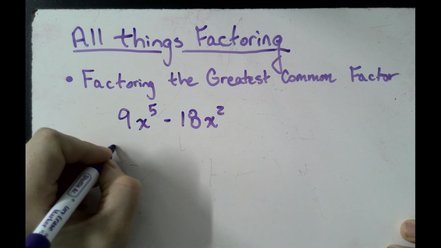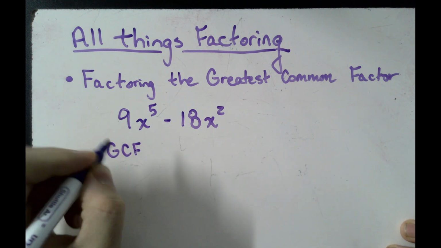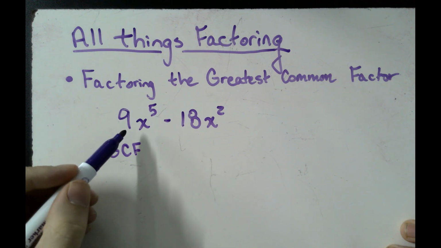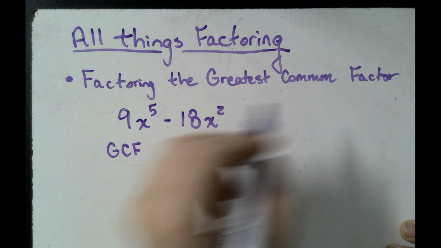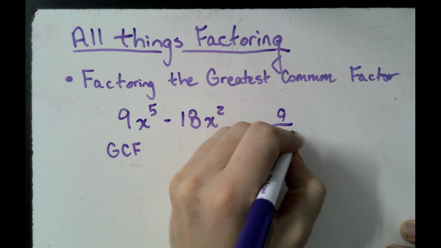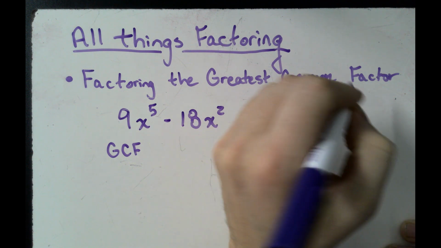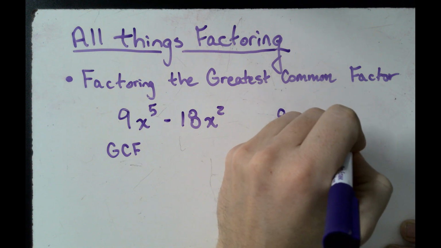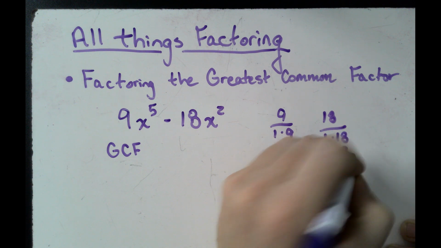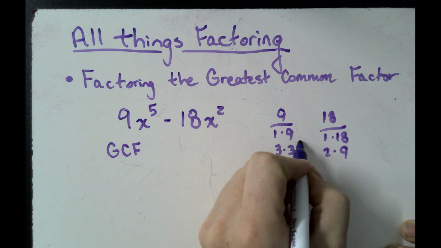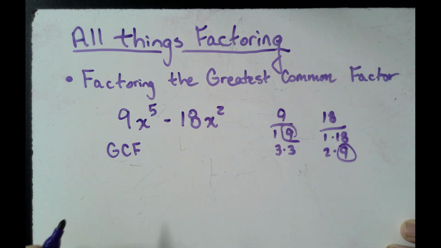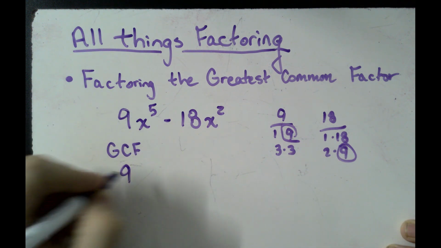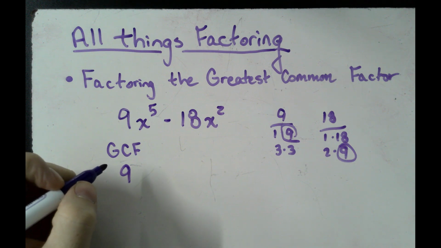For my greatest common factor, I want to check 9 and 18. Well, I know that 9's factors are 1 times 9 and 3 times 3. I also know that 18's factors are 1 times 18, 2 times 9, and we could kind of stop there because we can see that 9 goes into both. So 9 would be the largest number that goes out.